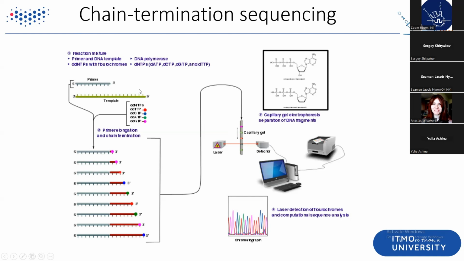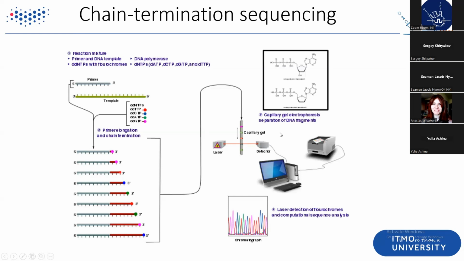You have a template, you have a primer, and then you will start to amplify the part of your interest here. After some time, once the nucleotide is bound to your template, it will stop, and you will have different fragments which are giving you different signals on the chromatogram.